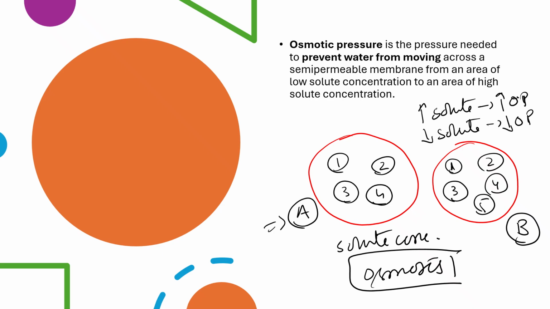Cell A has fewer particles, so it has less osmotic pressure. Because cell B has 5 particles and cell A has 4 particles, water will move from low solute to high solute concentration, and that will result in swelling of the cell.